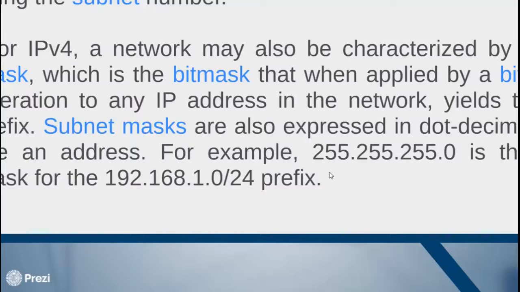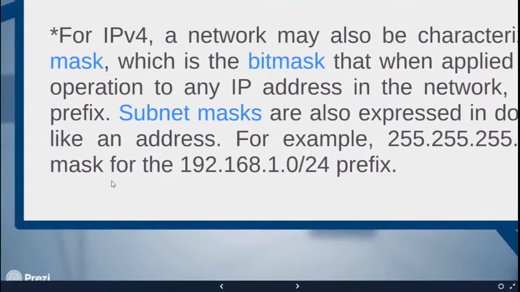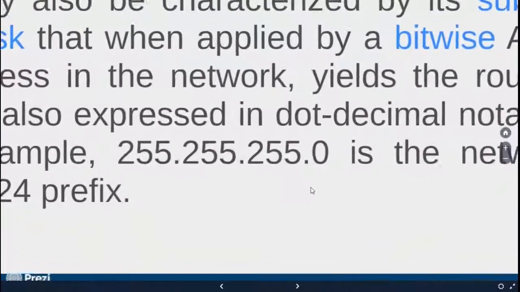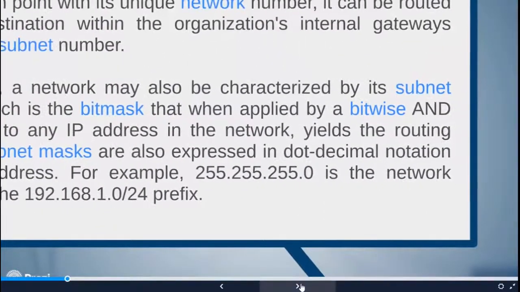So basically you have 255 is 8, another 255 is 8, that means 16, another 255 is 8, that means 24. Okay, so that's why it is slash 24. So this means that 192.168.1.0 is using the subnet mask slash 24, or in other words 255.255.255.0.